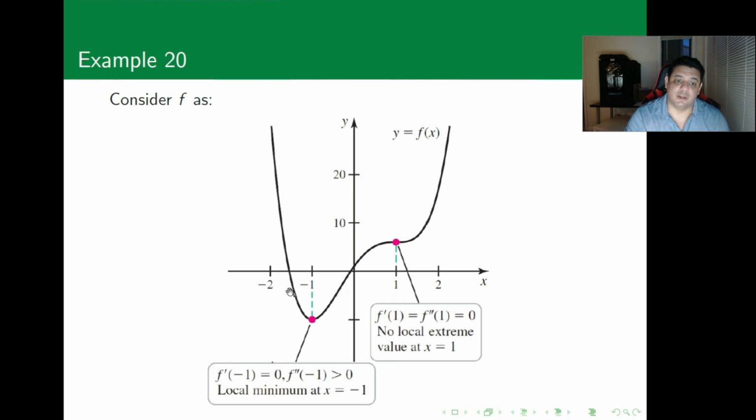And over here on this one, we have a flat slope. It's a critical point, and it's changing from decreasing to increasing. Also, when you check the second derivative, it is positive, which reflects that this is concave up. So we do have a minimum in here.